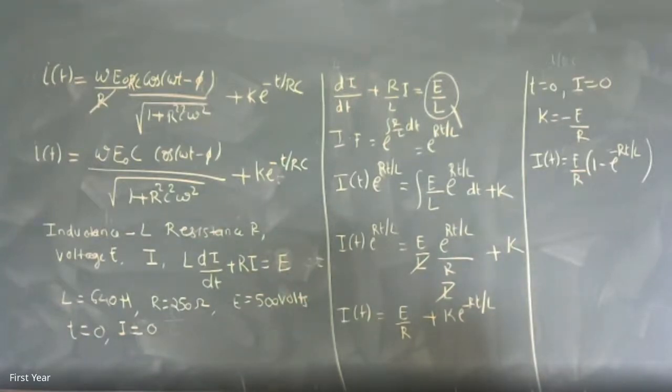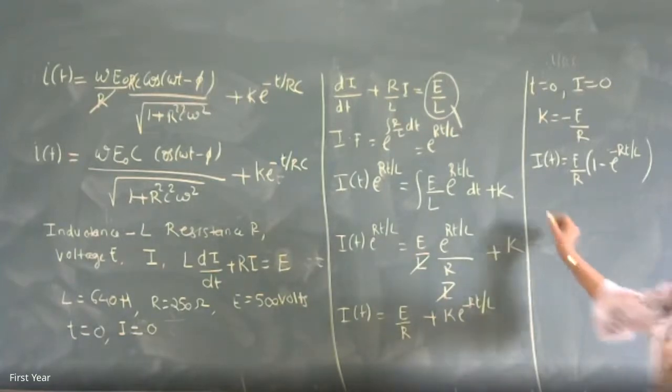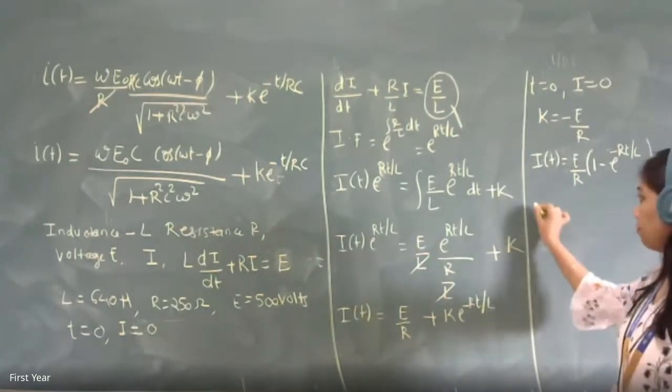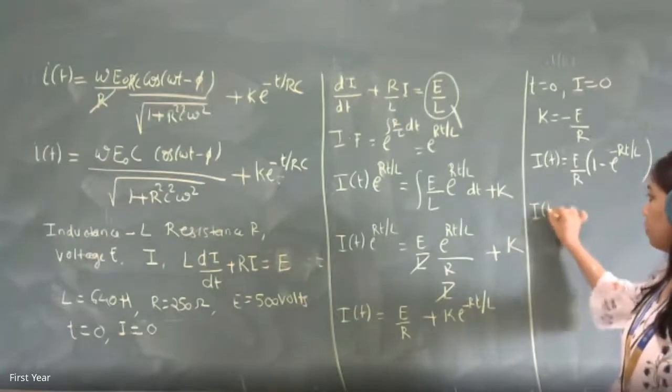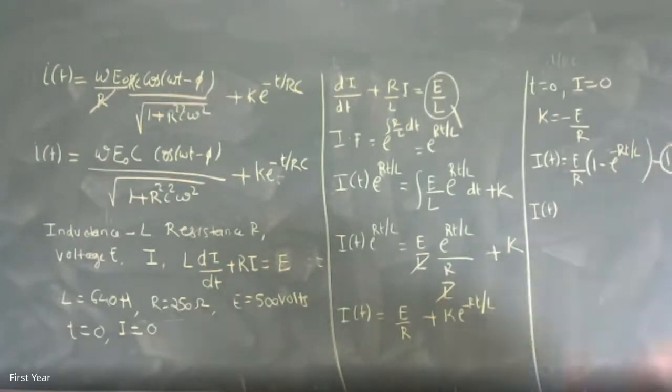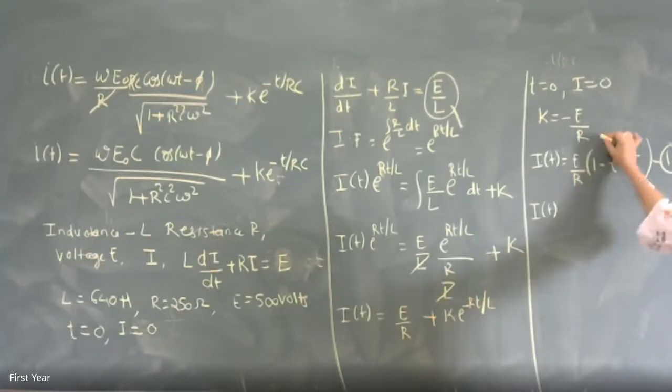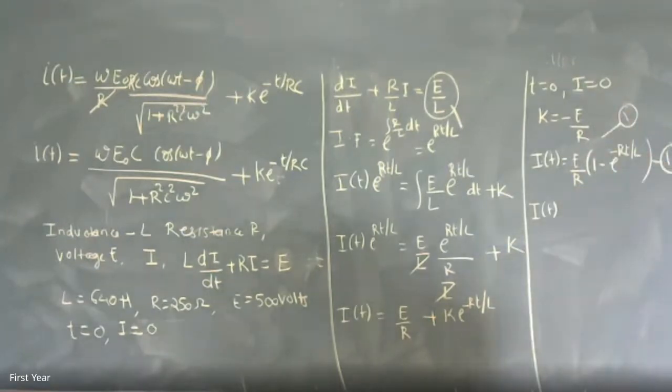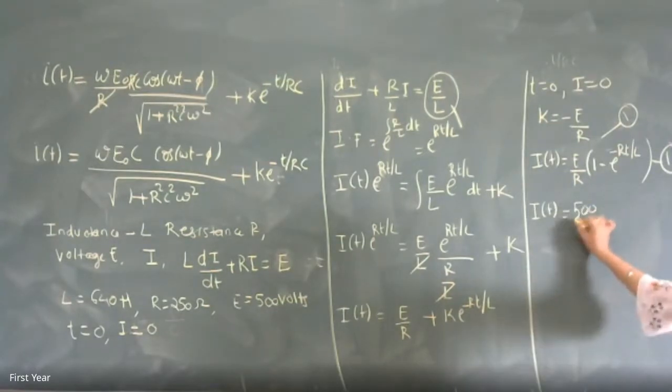Substitute the values of E, R, and L. That's the answer of this specific question. I'll count this equation as 1. So I of t is equal to, what is E? 500 volts.